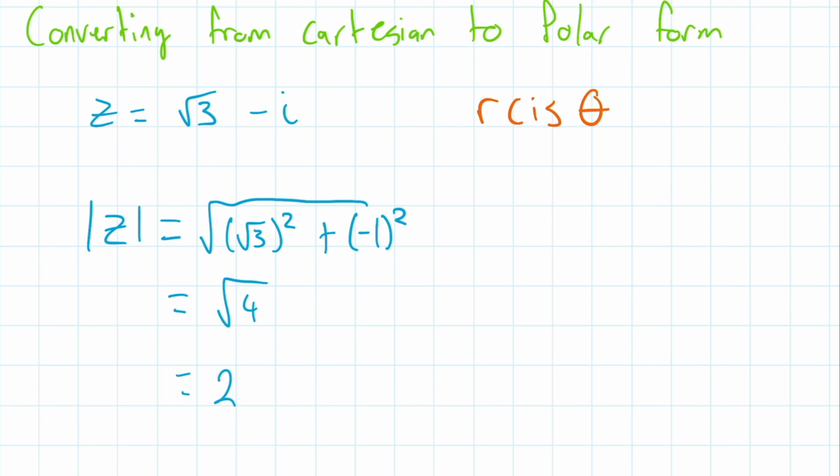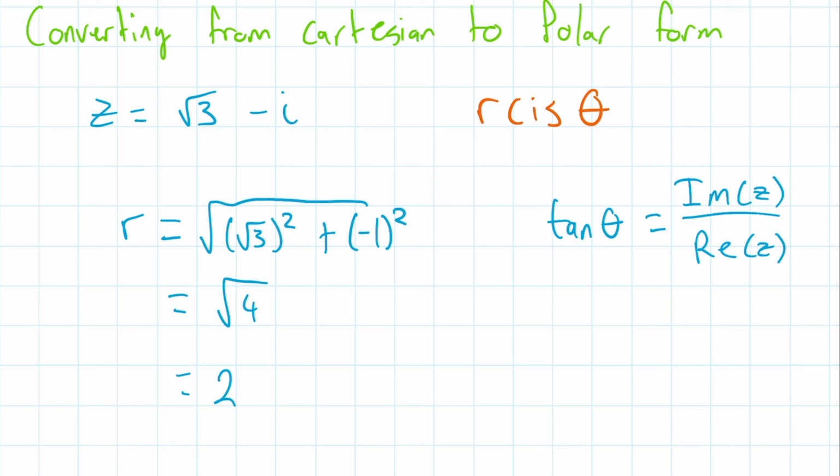So once I've found r, and I could write this instead of the modulus of z like this, I could simply write this as r. Once I've found r, I now want to find my angle. Well, for every single complex number, tan theta is equal to my imaginary component divided by my real component. Again, this is really similar to what we did with our vectors.